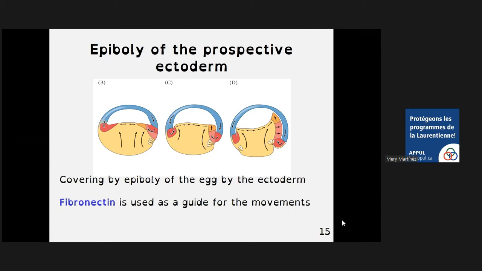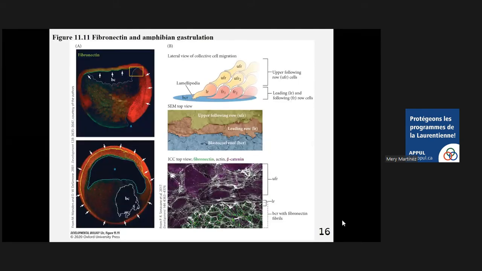So let me change my image here. Here is what we see, okay? So fibronectin, this is a sagittal section of a Xenopus early embryo, okay, right here. And we see how this fibronectin lattice in the blastocoel roof is identified with this label in the yellow-greenish color here, okay?